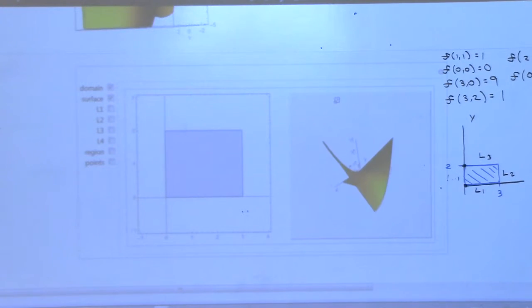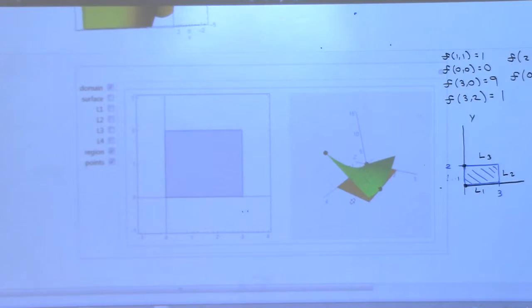Okay, now here's just the region plugged in. Take the surface out. So the green is our surface restricted to our domain, and then we found the points right there. There was our maximum up at 9, and then our 2 minimums of 0 occurred there.